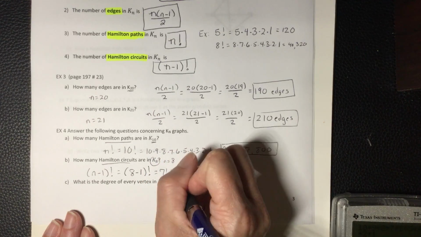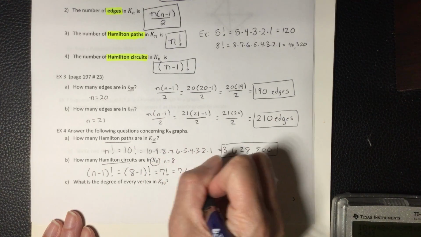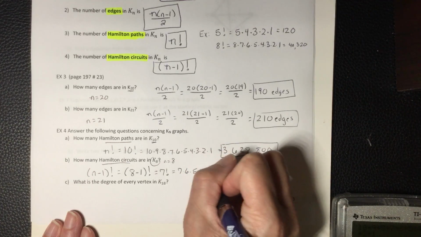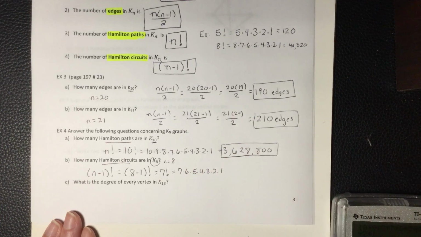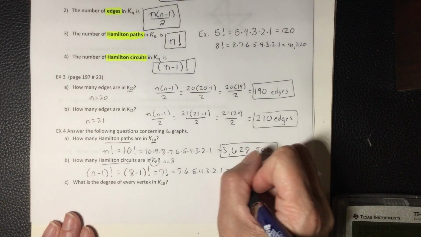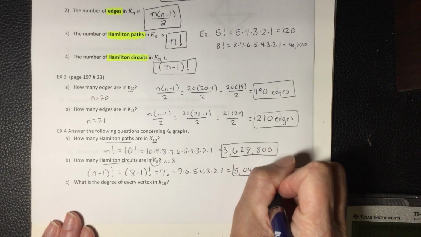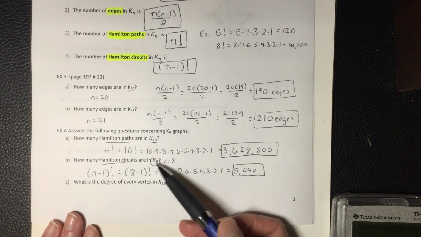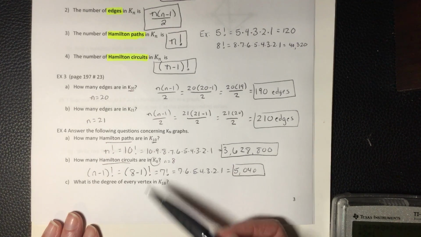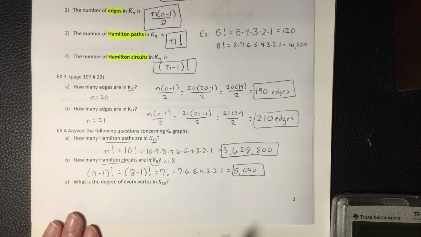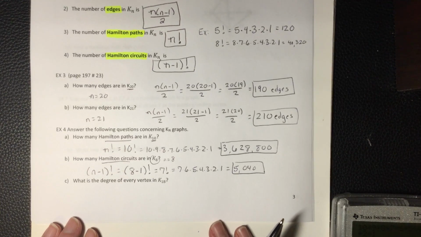That's going to be 7 factorial, which is 7 times 6 times 5 times 4 times 3 times 2 times 1. So if I stick that in my calculator real quick, that comes out to be 5,040 Hamilton circuits. So you can see it doesn't take very many vertices to make a whole bunch of Hamilton circuits and Hamilton paths.